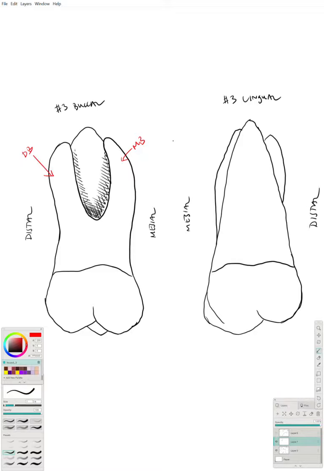So this is from the buccal aspect. We have that bifurcation right there, and then that leaves this area and this little bump back here. That's the apex of the palatal root. All right. So that should give you enough on that aspect.